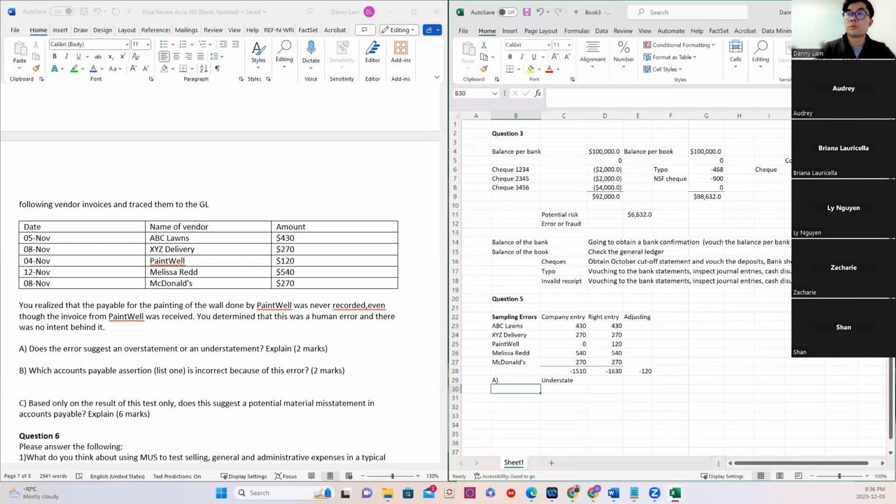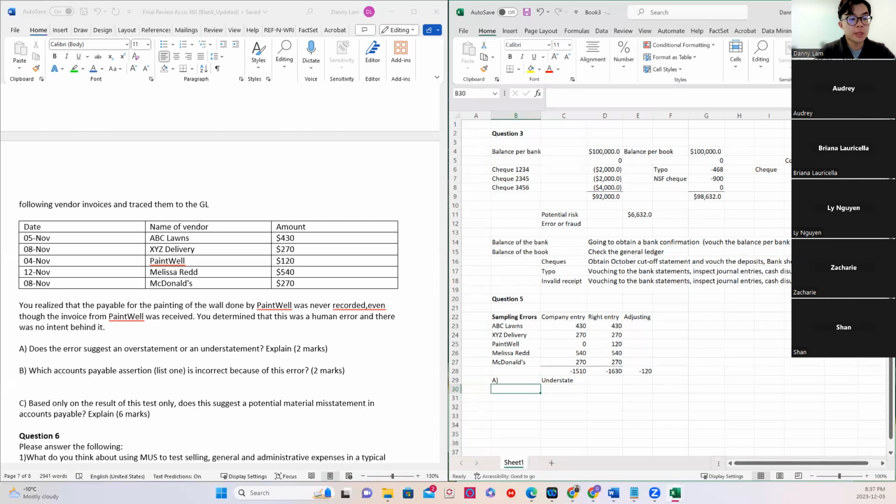Scratch that. Perhaps I was gonna say forget it, because they did receive the invoice for it. They just didn't record it as a payable. But then would it be an accuracy error, because between the invoice and the payables, they just didn't record it?